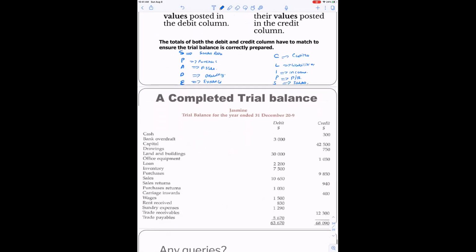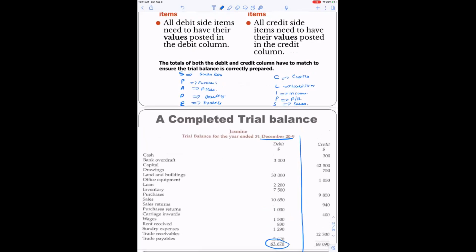This would be a completed trial balance. It would be on a particular date. The total of the debit column and the total of the credit column should agree. If they do not agree, that means it has errors. Tell me, by looking at this, do you think this trial balance has errors?